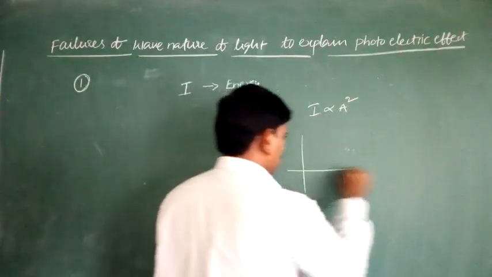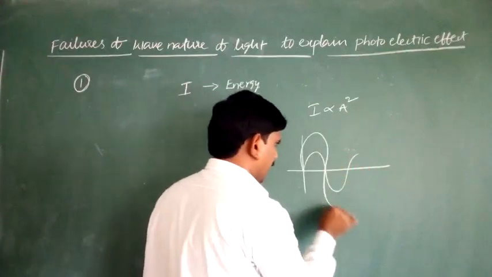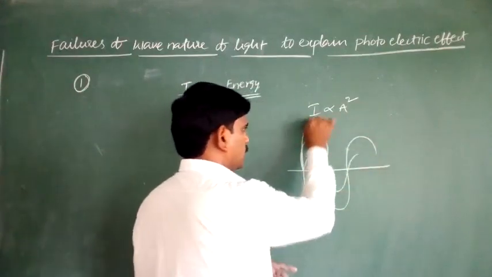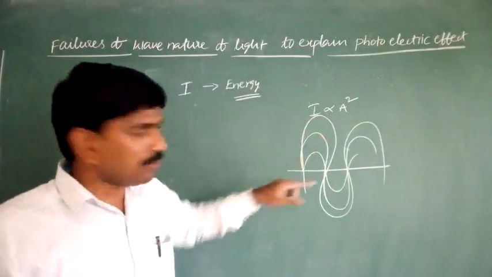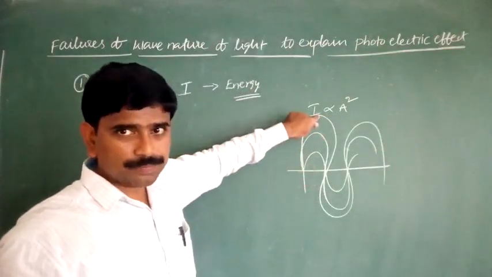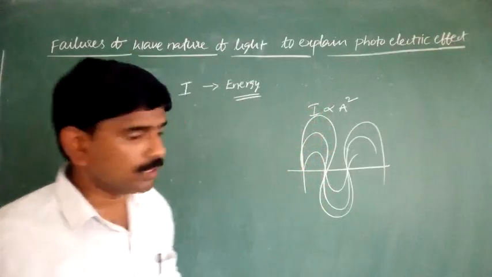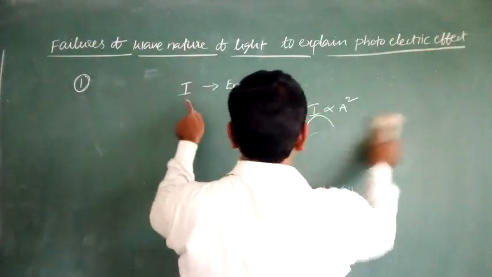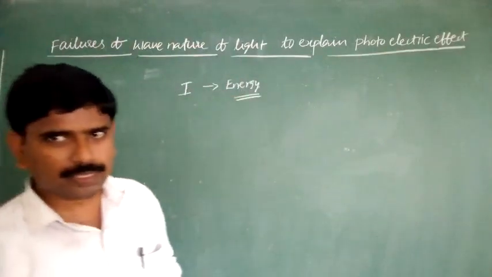Here we have three waves: this is the first wave, this is the second wave, and this is the third wave. The third wave has the more amplitude, so it has more energy. So when intensity increases, energy also increases.